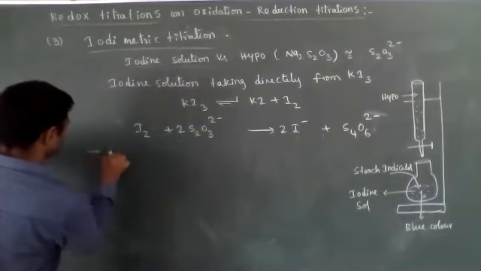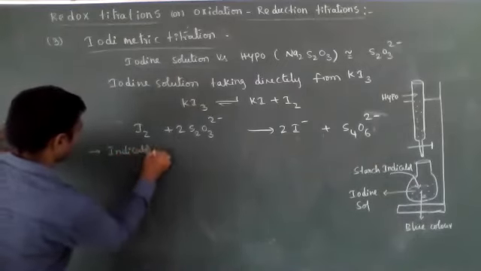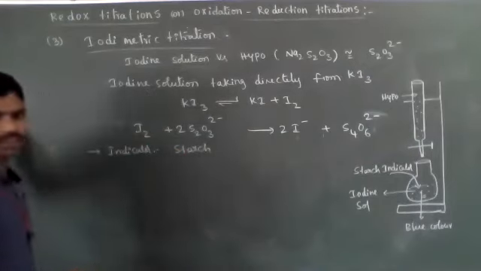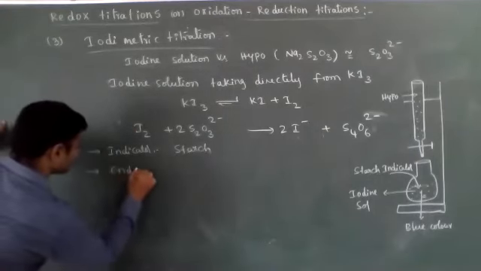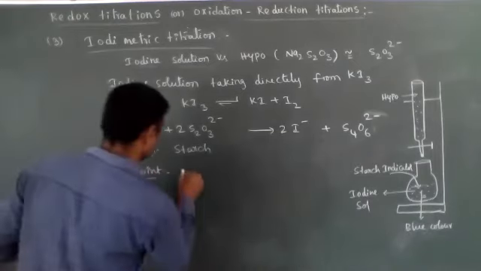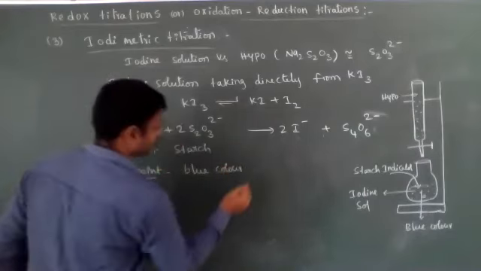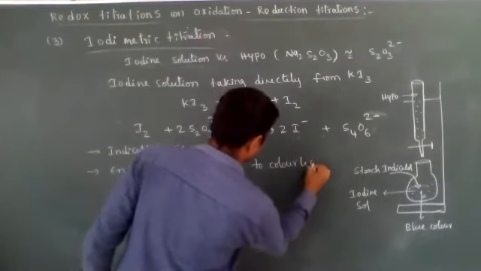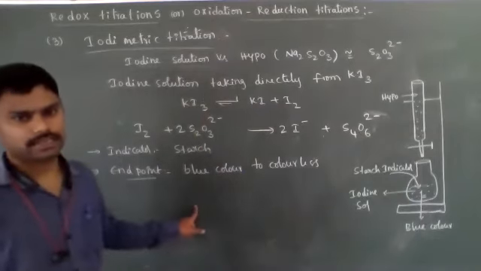So the indicator is starch. Freshly prepared starch solution we use as indicator. The end point is the change from blue color to colorless.